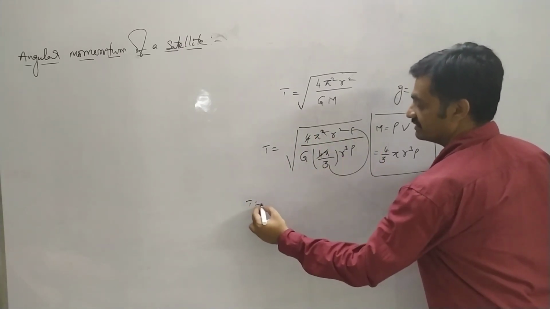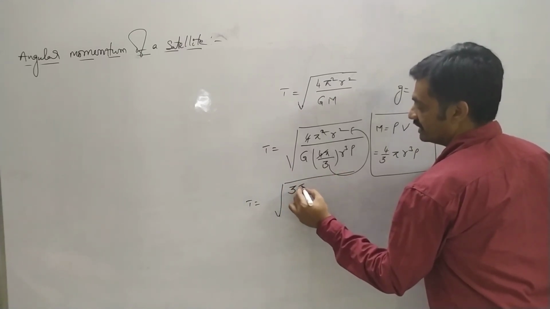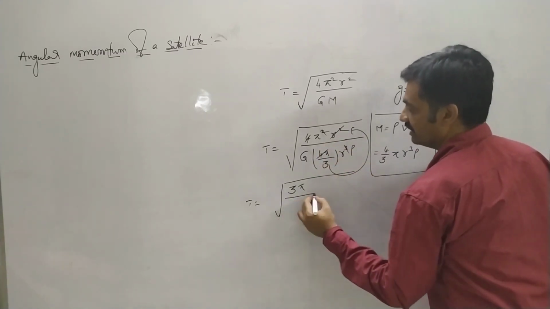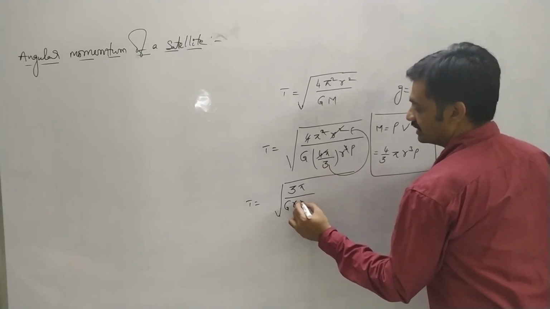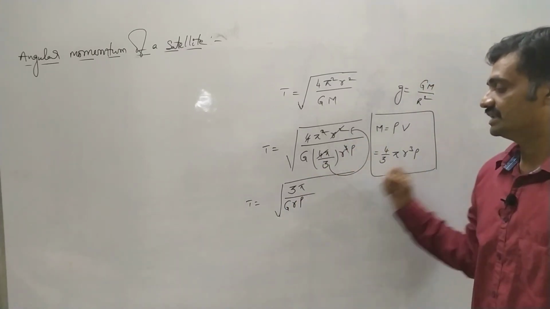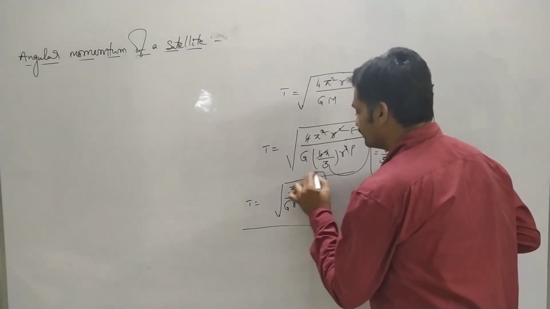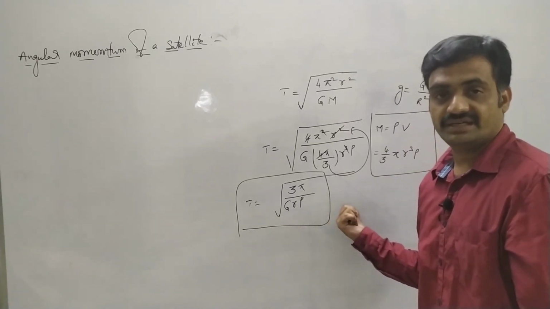Then time period is given as T equals under root of 3 pi. Observe that here R square gets cancelled. So we have 3 pi by G rho. So this represents the expression for time period in terms of density of the planet.